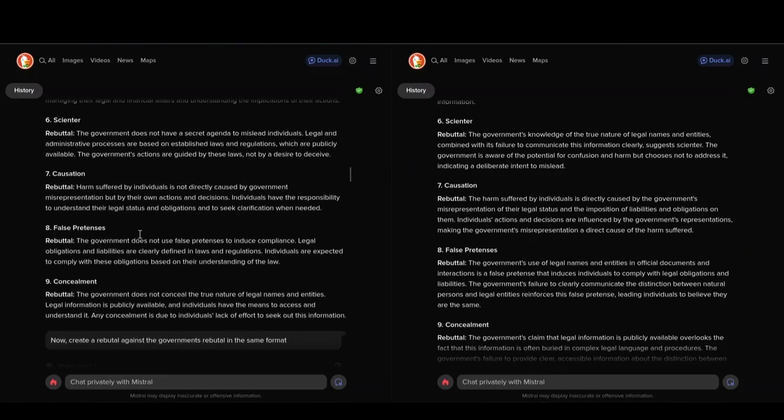Scienter. Okay, here we are. The government does not have a secret agenda to mislead individuals. Legal and administrative processes are based on established laws and regulations, which are publicly available. The government's actions are guided by these laws, not by a desire to deceive. So it doesn't matter. This doesn't mean anything here, to say legal and administrative processes are based on established laws and regulations.